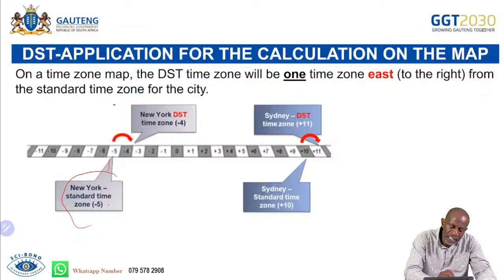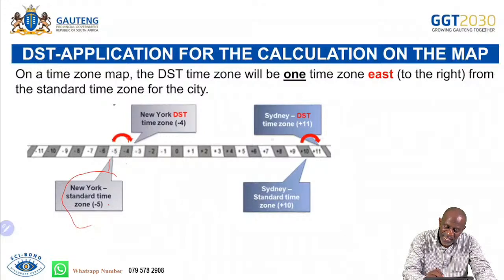So if it is summer and they are practicing daylight saving time, it will move automatically to -4. So New York will adjust their time ahead, and instead of staying at -5, it will move to -4.